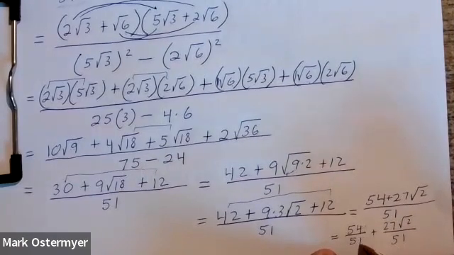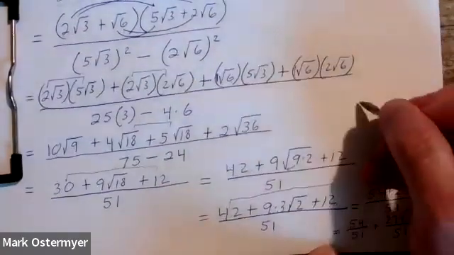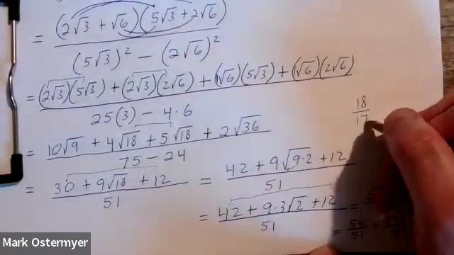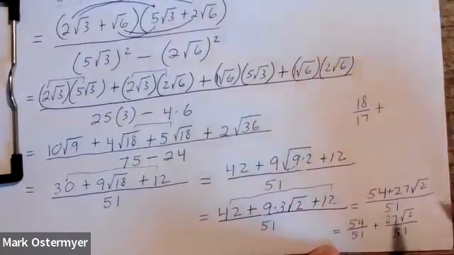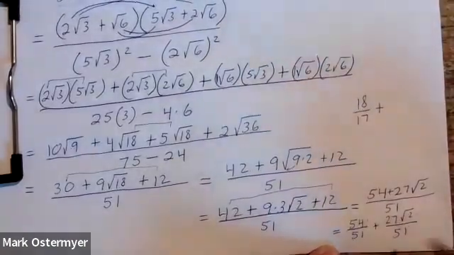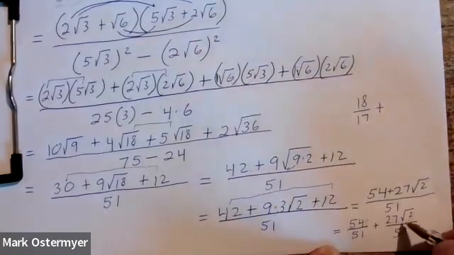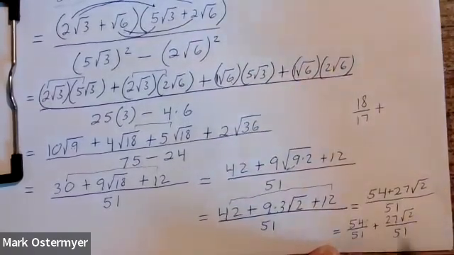So this reduces down to 18 17ths. So we have 18 17ths plus 3 divides into 27 9 times, and divides into 51 17 times. So this reduces down to 9 square root of 2 over 17.